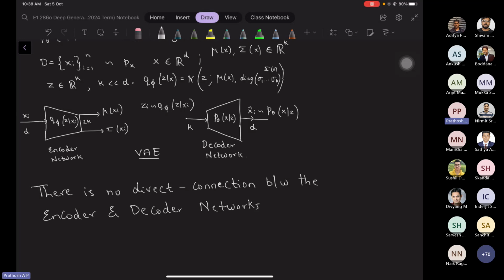Then, having those parameters, you sample a zi from q phi of z given x, and give that zi as an input to the decoder to get a sample from p theta of x given z.